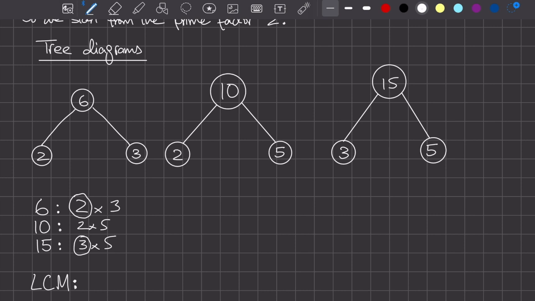The next prime factor is 5, and similarly, we can choose 1 5, as that is the highest power available in either the factors for 10 or 15. Now, we multiply these circled numbers and get the least common multiple, which in our case is the product of 2, 3, and 5, which is 30.